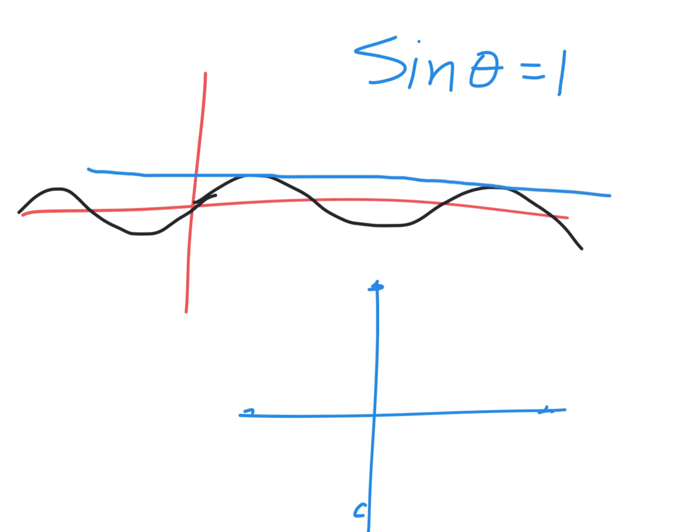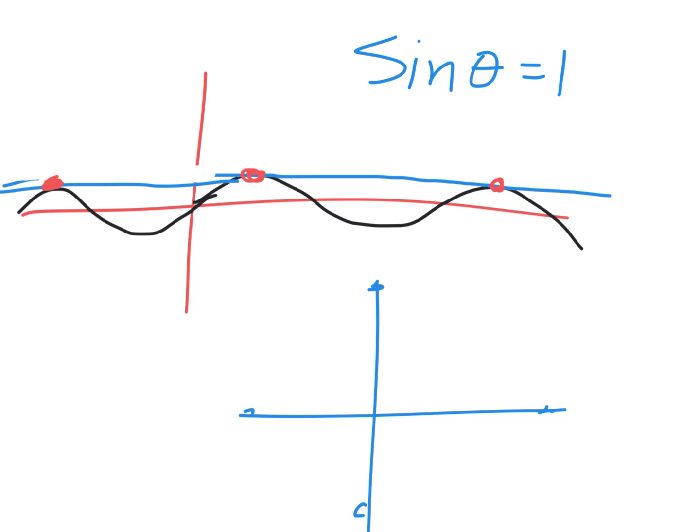But wait, it appears that it happens more than once. In fact, if I had drawn this perfectly straight, you'd see that it keeps on hitting it over and over and over. You see sine is 1 here, sine is 1 here, and if I kept the graph going, it would keep touching forever. It even touches back over here at 1.